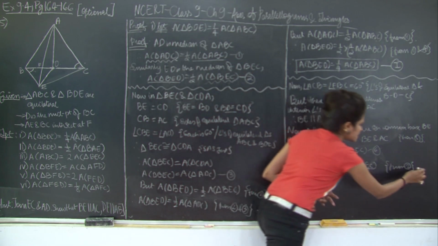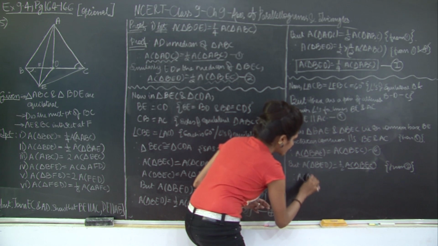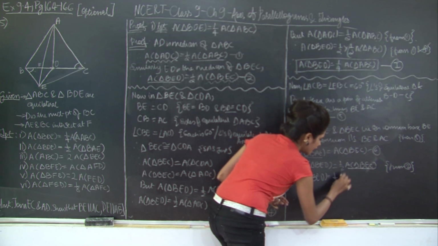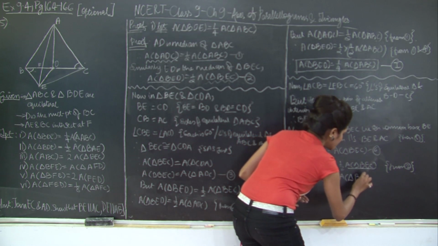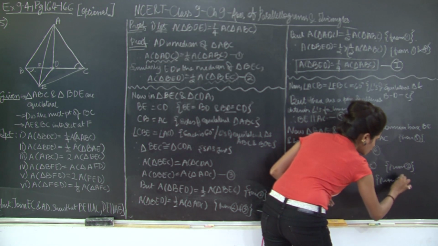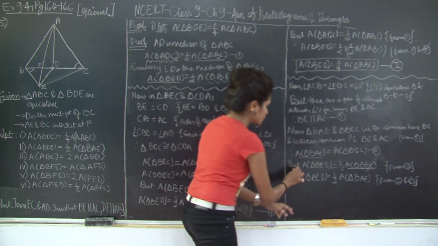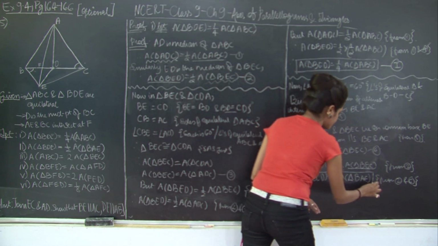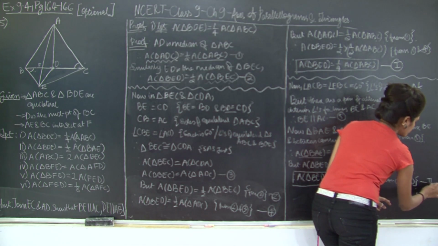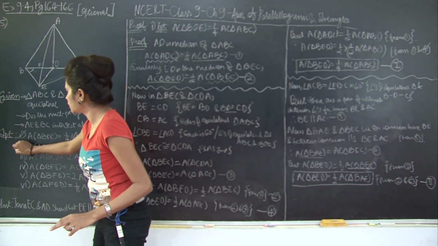Therefore, area of triangle BED is equal to half area of triangle BAE. I'll say from 2 and 6, and this is what we needed to prove, and I'll mark this as Roman number 2, right? So we have proved these two.